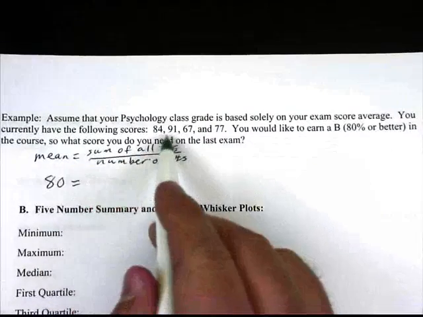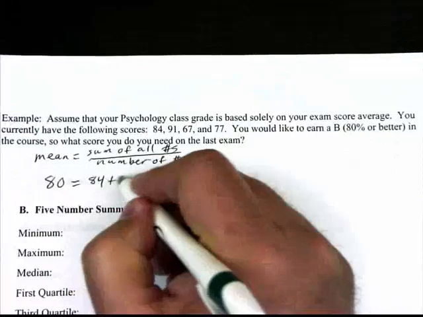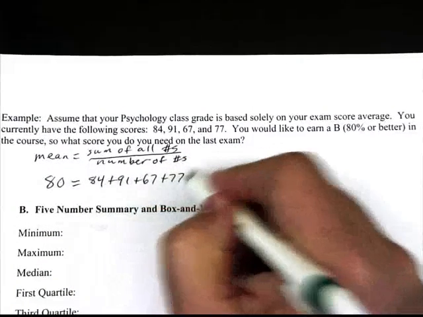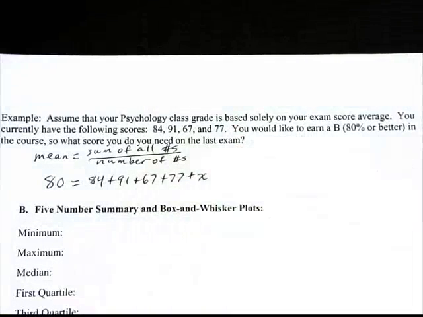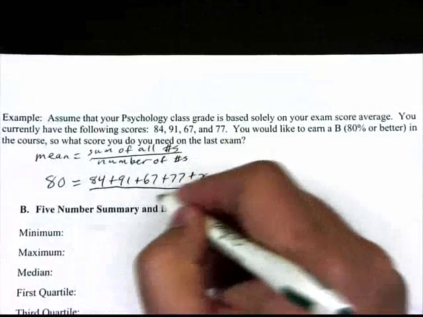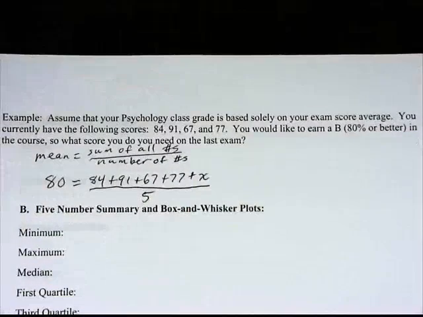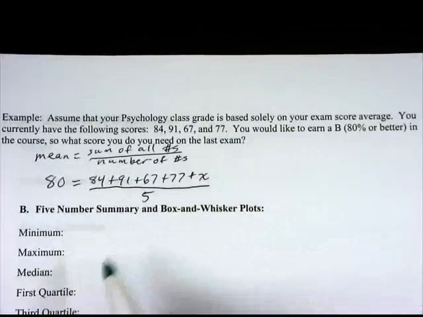We know some of these numbers. We know the first 4 exam scores, 84, 91, 67, and 77. But we don't know that last exam score. So I'm going to put in an X for that last exam score. And then I know that I've got 5 exams that I'm looking at. And now I can solve this equation and find out what that last score is.